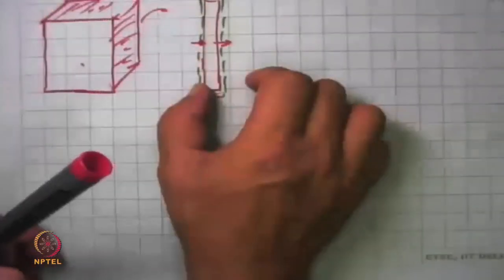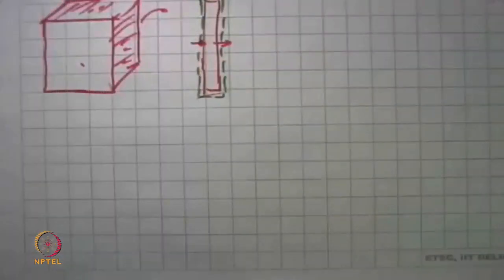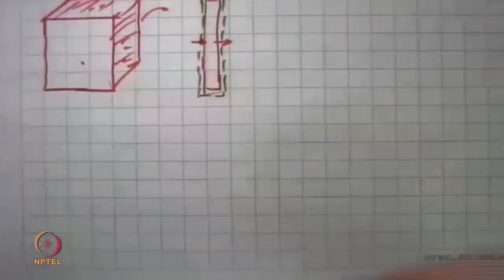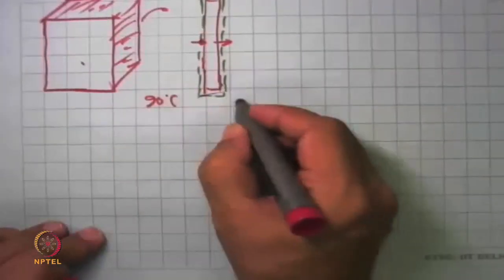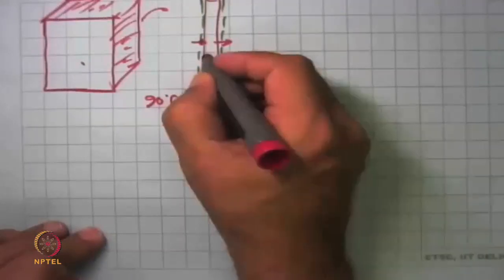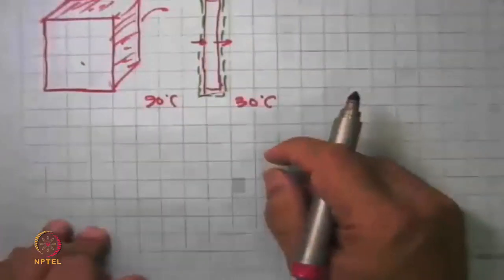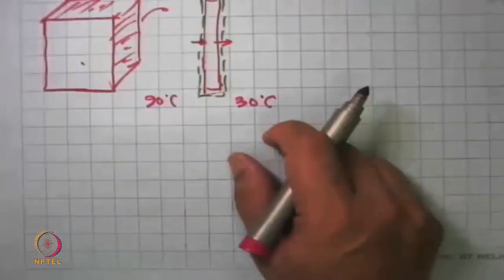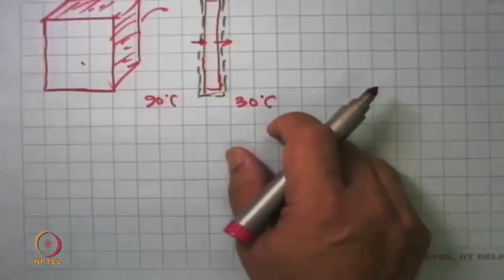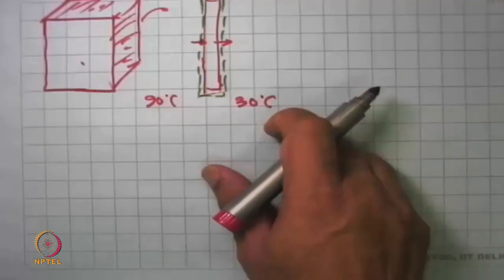If this is thick, and of a material like stainless steel, then if the temperature here is about 90 degrees C, and on the other side you maintain 30 degrees C, there are temperature gradients in this, and so this material is not in thermal equilibrium, and the idea that it is in thermodynamic equilibrium does not arise.